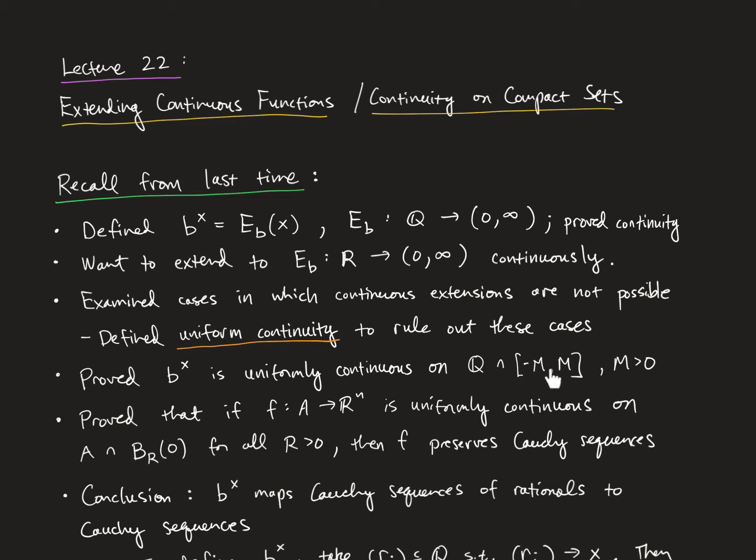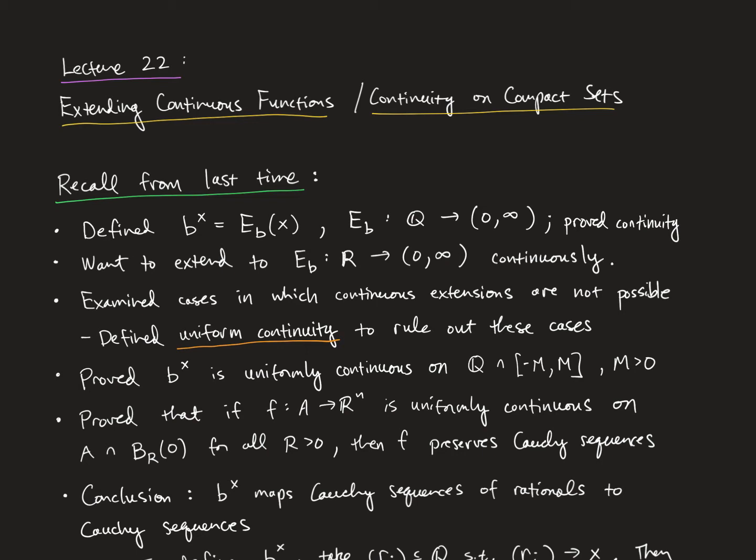So in this interval from negative m to m, you have a whole bunch of irrational numbers arbitrarily close to the rational numbers in there. And across all of those irrational numbers, you have this uniform continuity. So rational numbers that are getting close to those gaps in this domain, those irrational numbers, their images are close together by this uniform continuity, and that's going to allow us to extend this b to the x function.